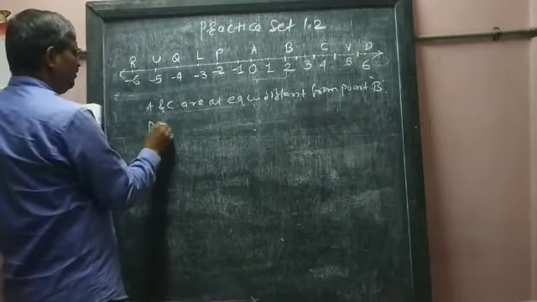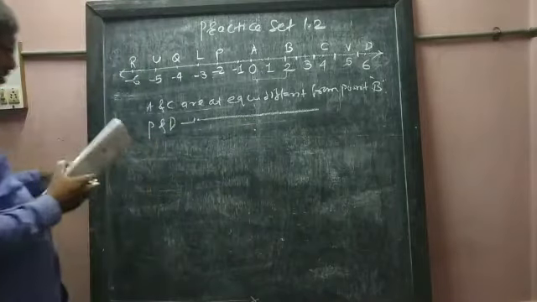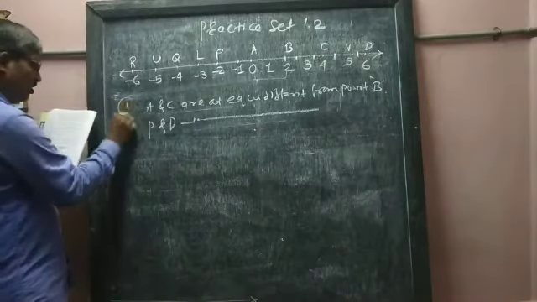Means P and D are also equidistant from point B. Now, this is the answer of question number 1.